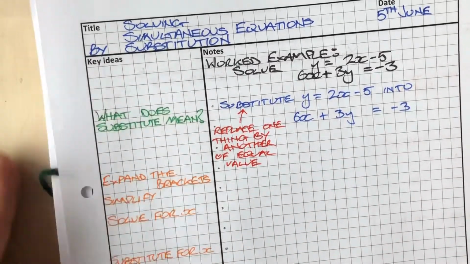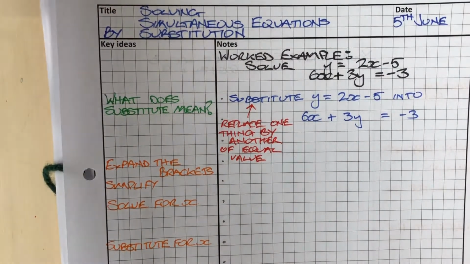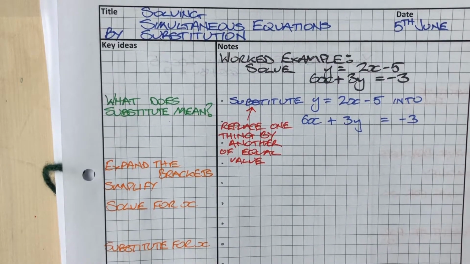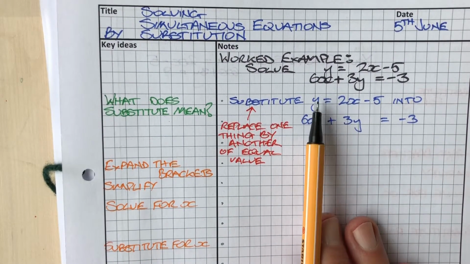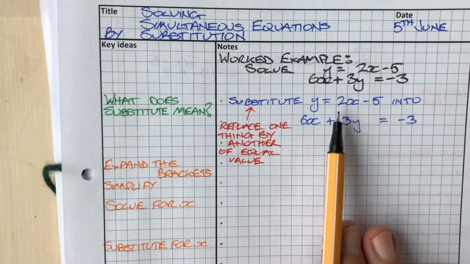So what we've been doing is, we've been substituting x equals 3, replacing x by 3. But if two things are equal, I can replace one by the other. So I'm going to replace y by another bit of algebra, 2x minus 5.